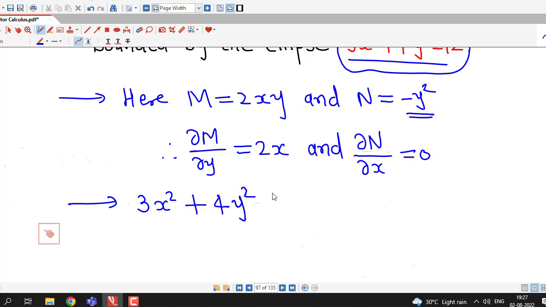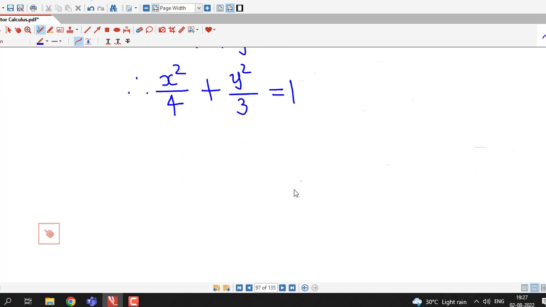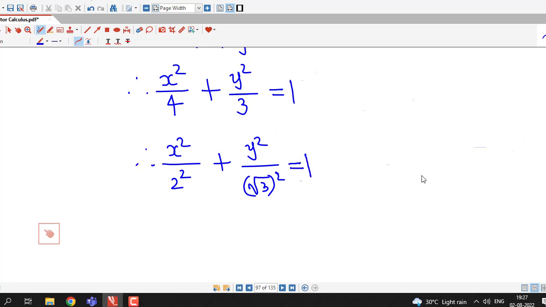If I divide both sides by 12, I will have x square by 4 plus y square divided by 3 equal to 1, and this I can rewrite as x square divided by 2 square plus y square divided by square of root 3 equal to 1.